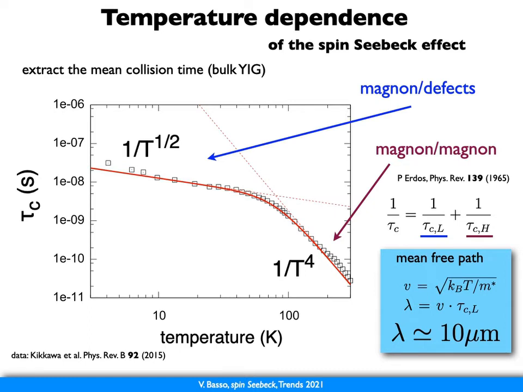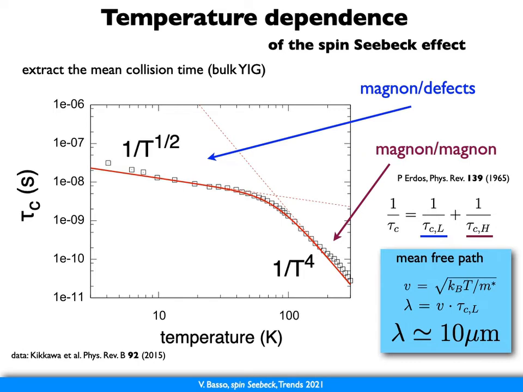And these two behaviors are exactly what are expected for magnon-defect collision, the low temperature one, and magnon-magnon collision, the high temperature one. So as you see, the behavior in the log scale is quite good. So we describe very well the peak just by having two mechanisms that compete.